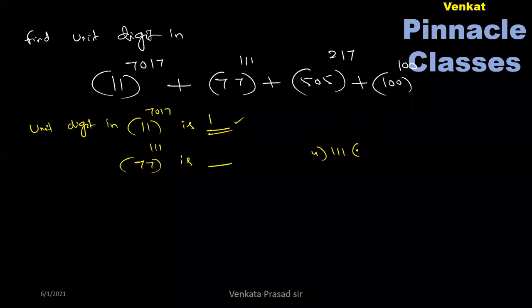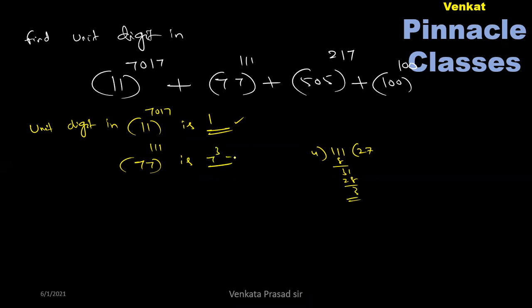How much coming? Remainder is 3. 7 cube. What is the 7 cube? 7 power 1 is 7. 7 square is 9. 7 cube is how much? 3. So this unit digit is 3.